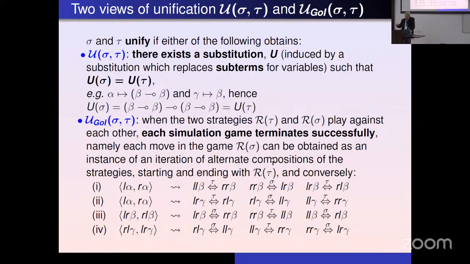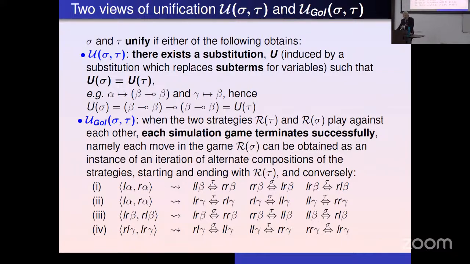Of course, this can be iterated many, many times, but after a number of plays, you can simulate all the moves in the representation of sigma and all the moves in the representation of tau in this pattern. And this is the alternate definition of unification.